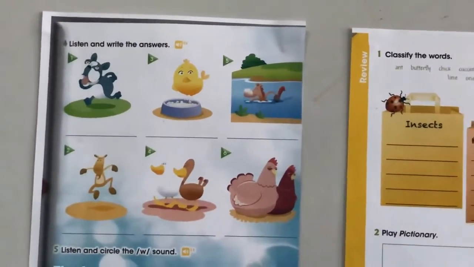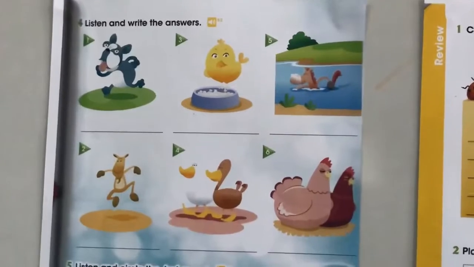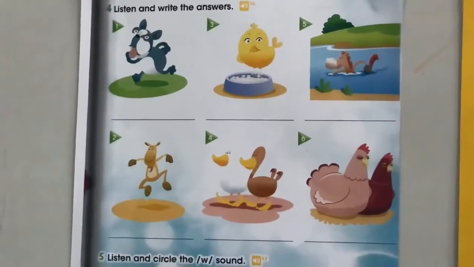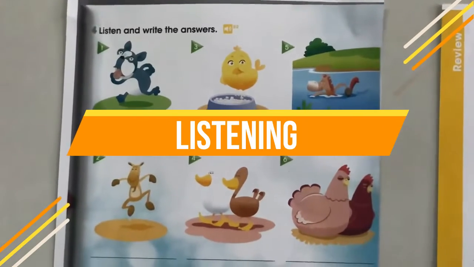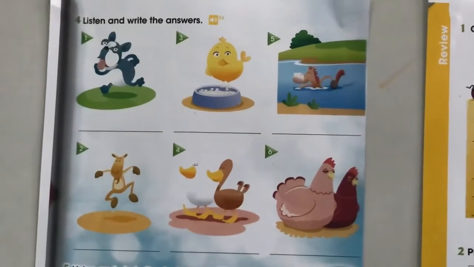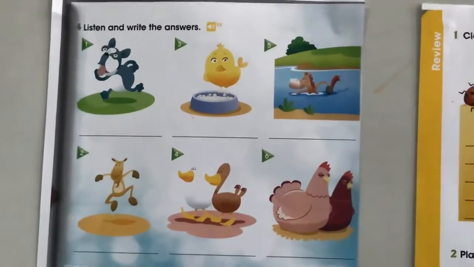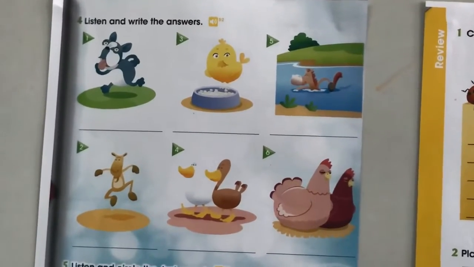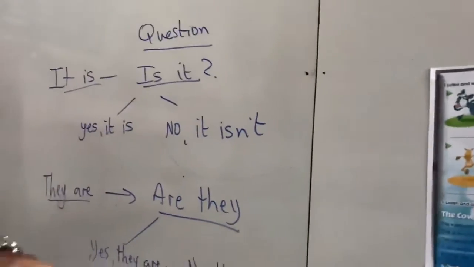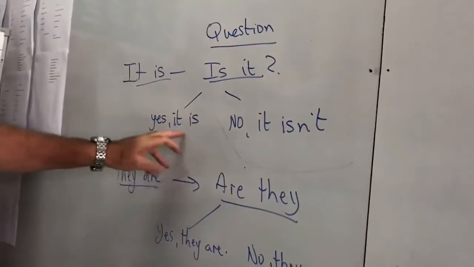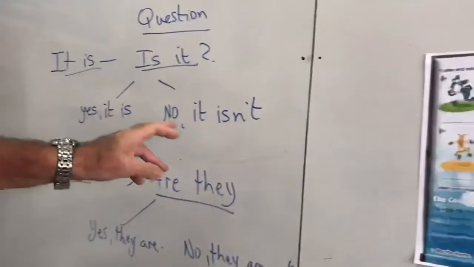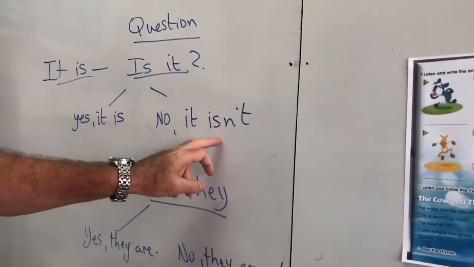If it's one animal, we're going to say it. More than one, then we're going to say they. Okay, so number 1. Look at the dog. Is it running? Okay, one dog, it. So, is it running? So if you're going to say yes, you'll say yes it is. Or if it's not running, you would say no it is not.